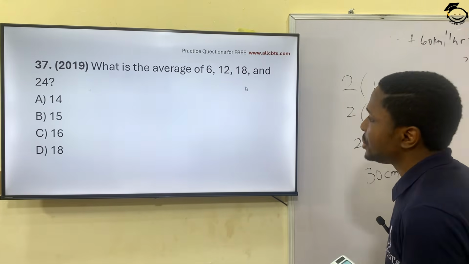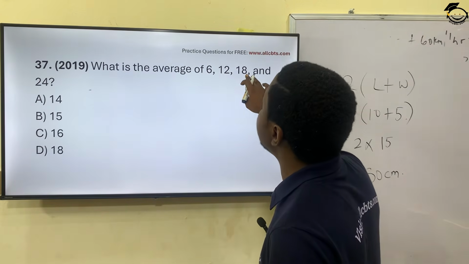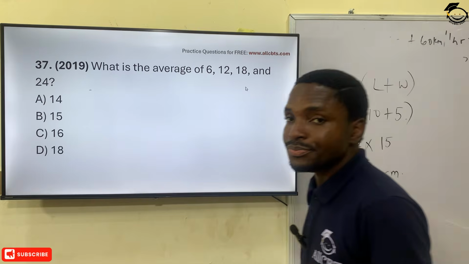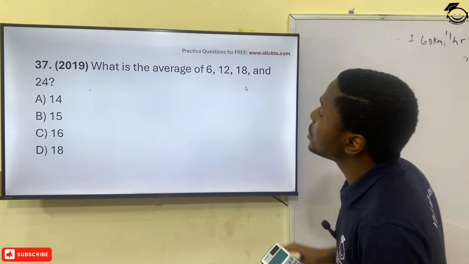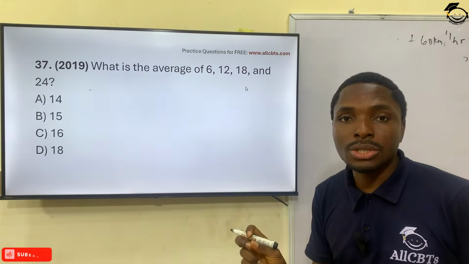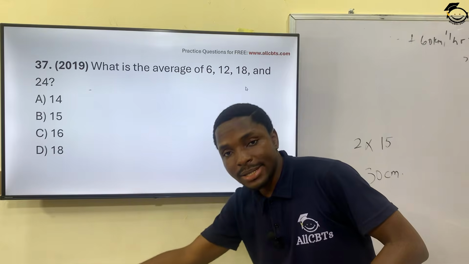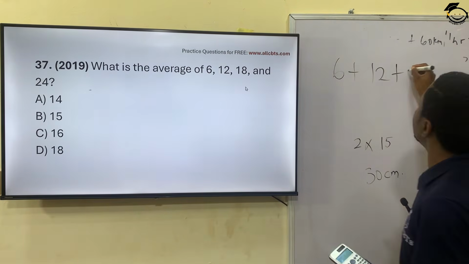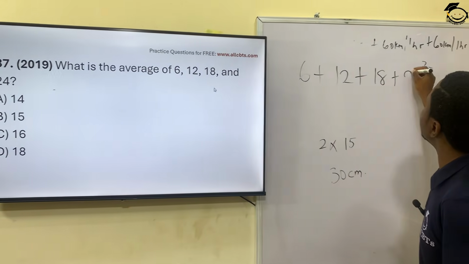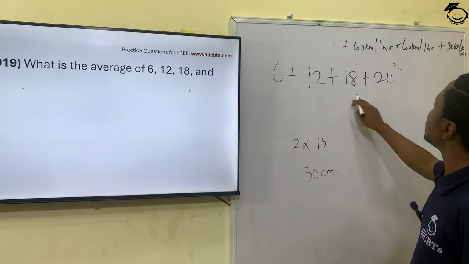What is the average? Okay, this is a very good question. What is the average of 6, 12, 18, and 24? Average means what? Sum up all the numbers there, and divide it by the amount of numbers there. So we have 6 plus 12 plus 18 plus 24, divided by how many numbers? 1, 2, 3, 4.